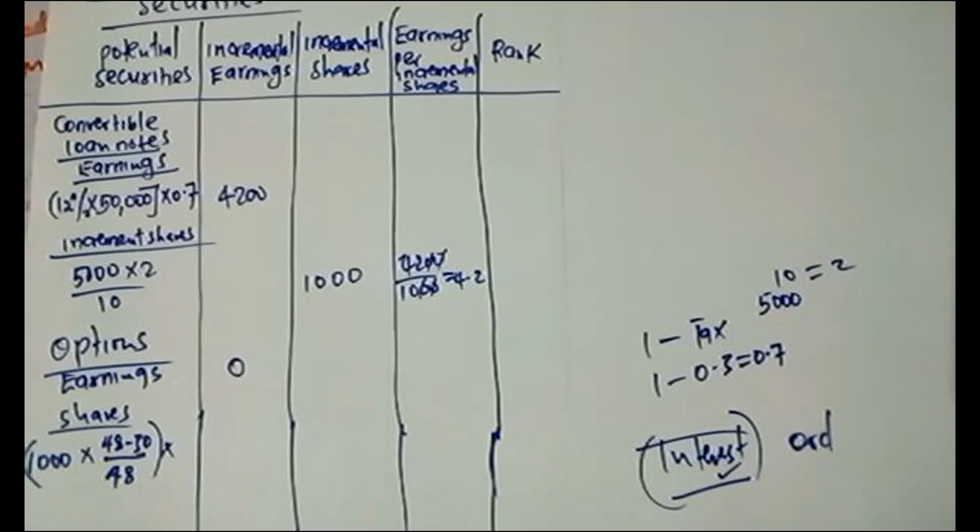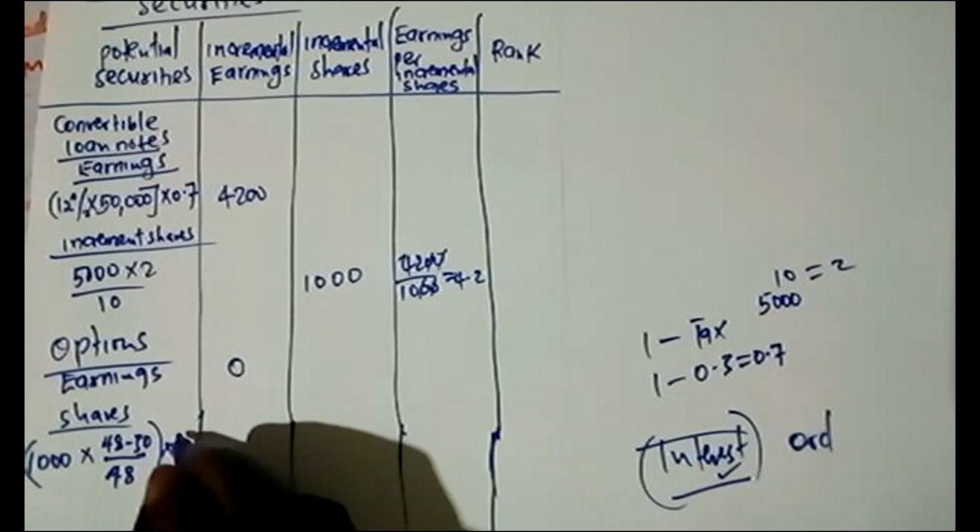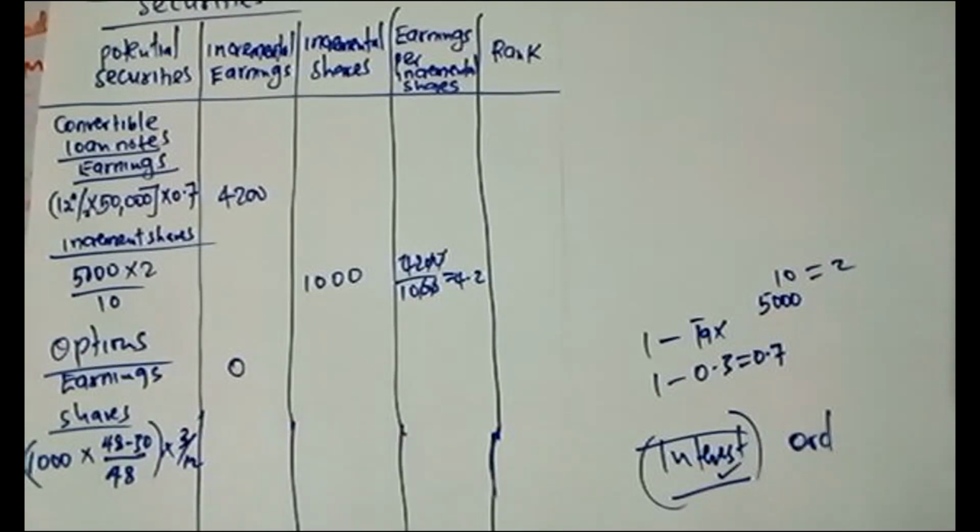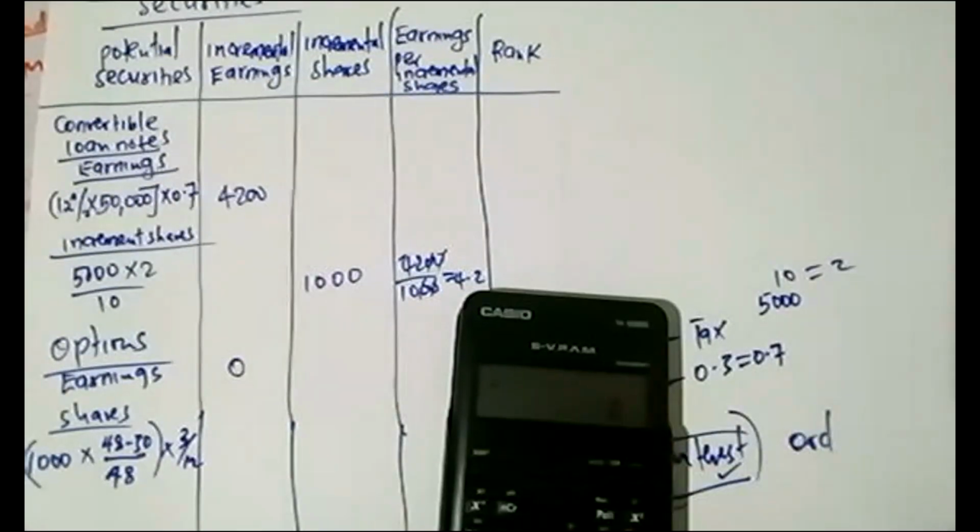From October, when they were given the option, to the end of the year, those are 3 months: October, November, December. So 18 divided by 48 times 1,000, then you divide by 4 because 3 over 12 is a quarter.